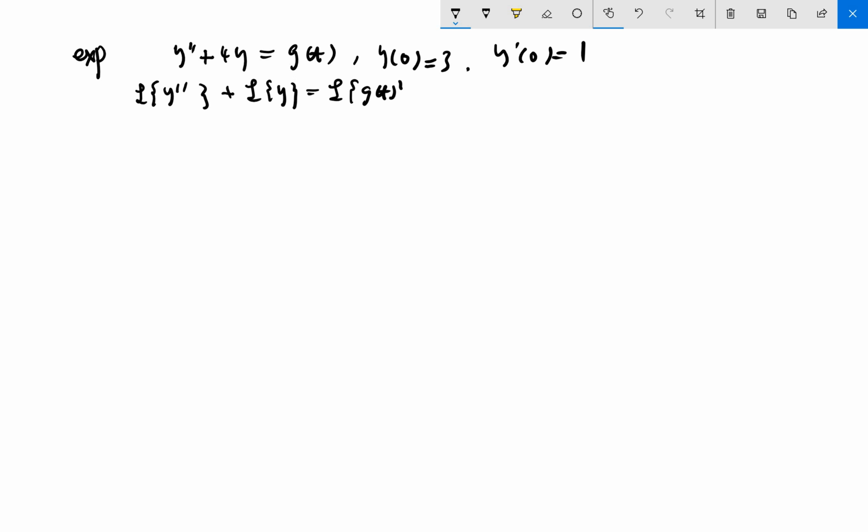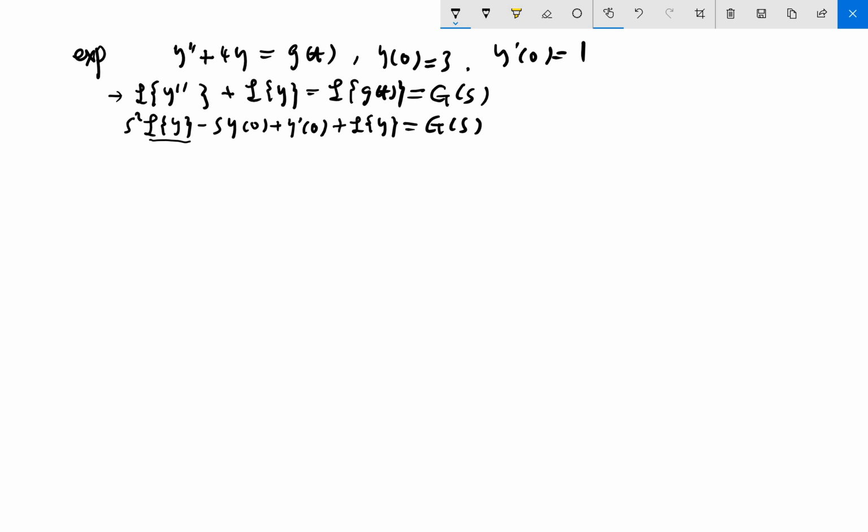The Laplace transform of small g sub t, we give a name, we always use capital G sub s. When you use the formula, this one can be written as s squared times the Laplace transform of y, then minus s y0, then plus y prime 0, then plus the Laplace transform of y equal to capital G sub s.